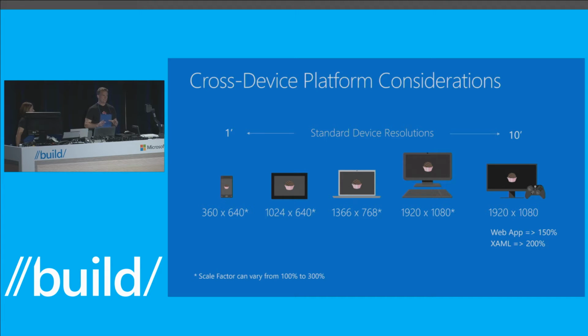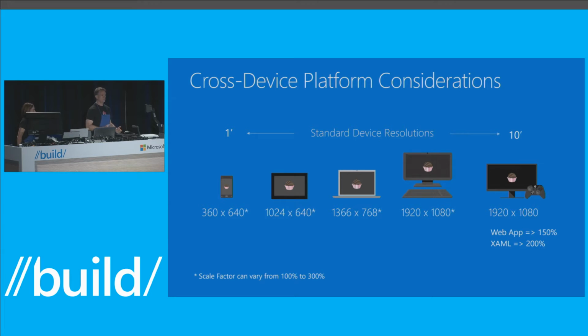But if I build an app to 1080p resolution, it looks great on my 1080p backup laptop here, and it looks just as great on my high DPI laptop because of scale factor. So what that means is that I can set my font at 20 pixels and let the platform and scale factor make my app look great, whether I'm running on a high DPI device or a low DPI device.